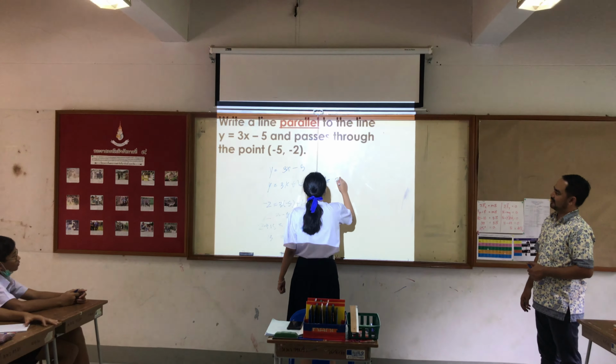Okay, let's see if the answer is correct. Is it the same? Yes, very good, correct. How about next? -4x plus 1, passes through 2 and -1. Who will answer? Yes, Gilder?